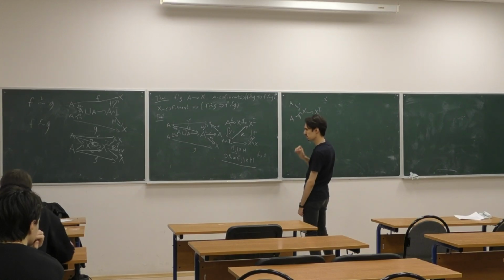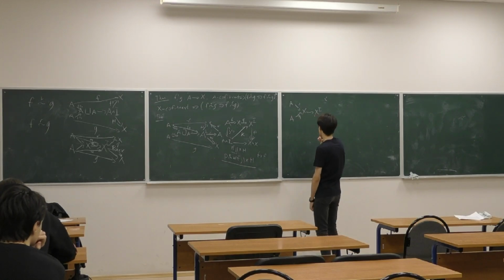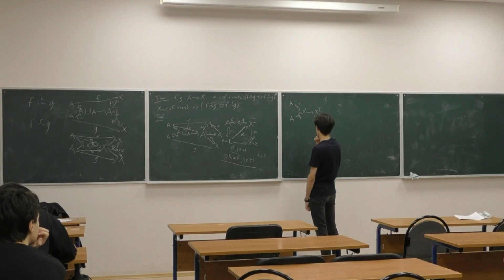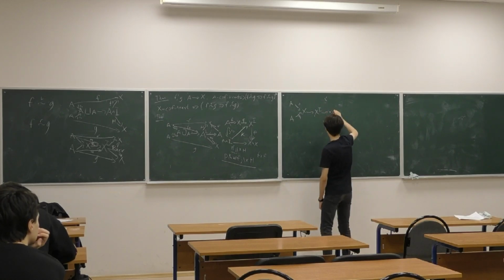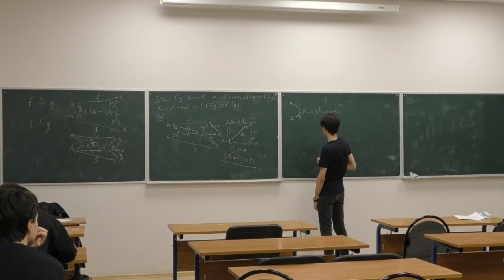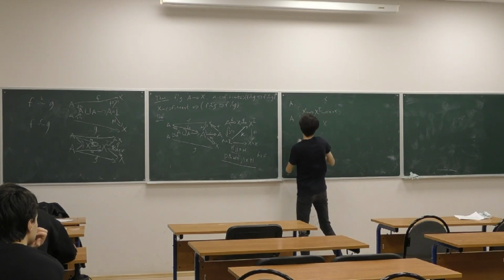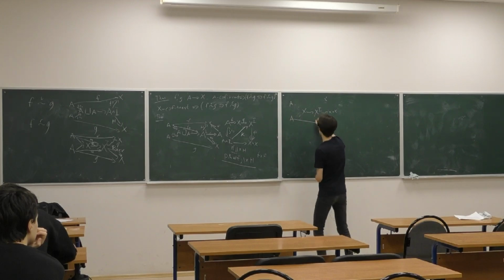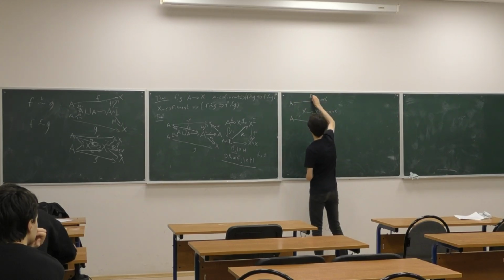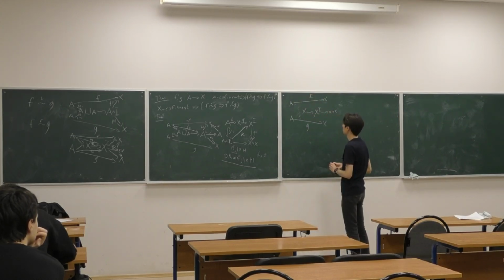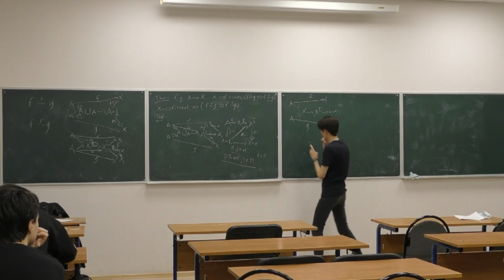This is not good. I don't like this picture. Okay. So we have these maps, F and G. We need to, wait. I'm a bit confused.